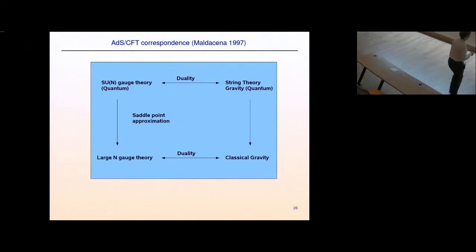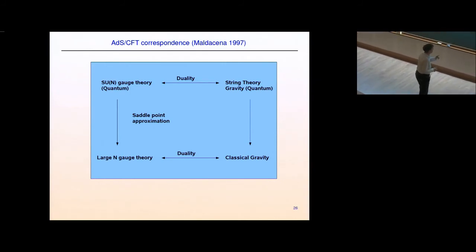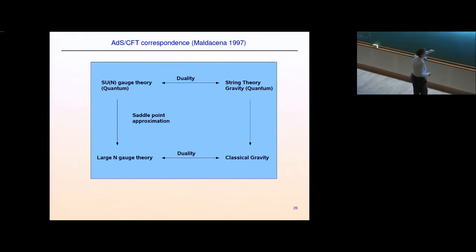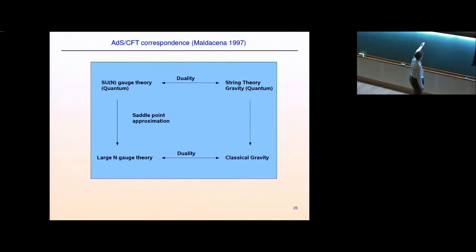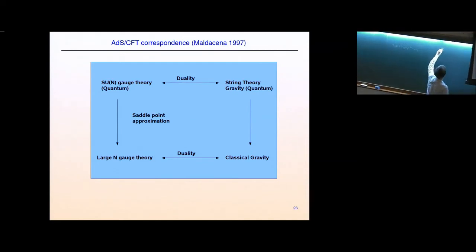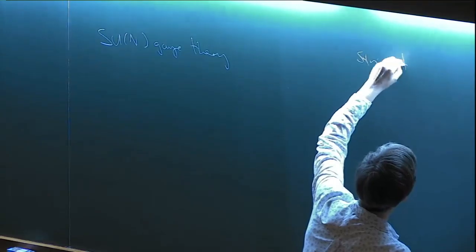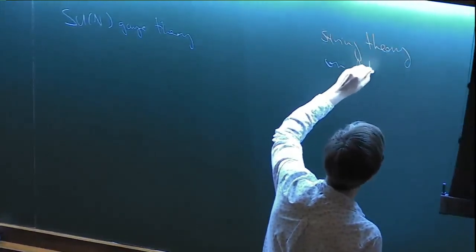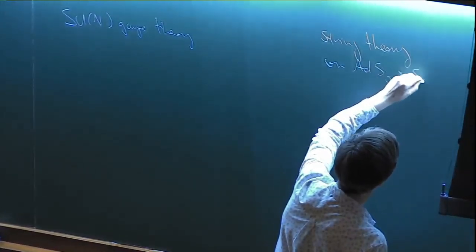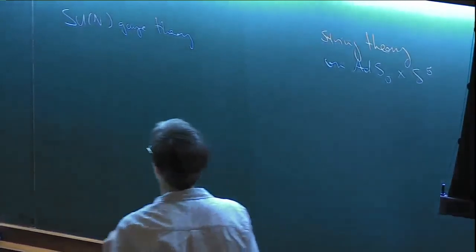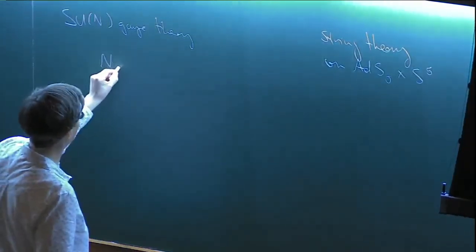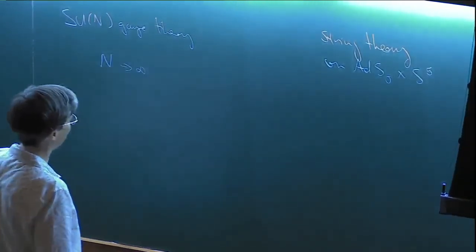Okay, this is also something I wanted to explain with equations tomorrow, but I can do this right now. So let me copy the first two lines. So if we say SU(N) gauge theory, and then here we have our string theory on AdS5 times S5. Okay, so the first limit I'm going to take here is N going to infinity.